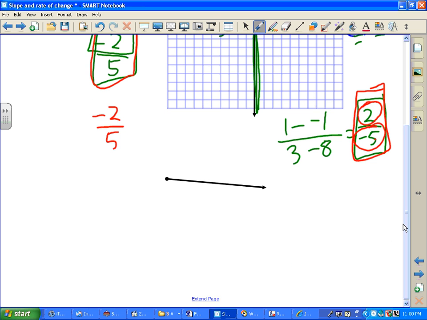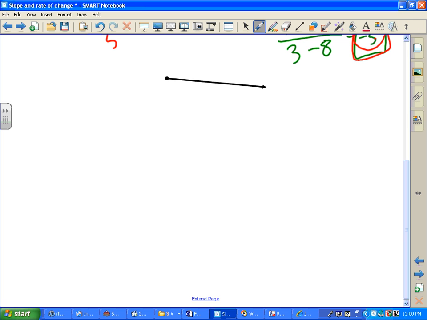So how do we write this in general? Rise over run. The rise are the y's because the y-axis goes up and down. So we subtract the y's: y1 minus y2.